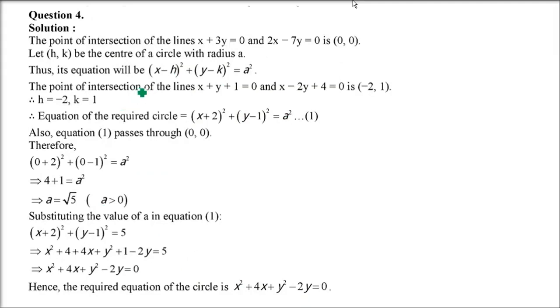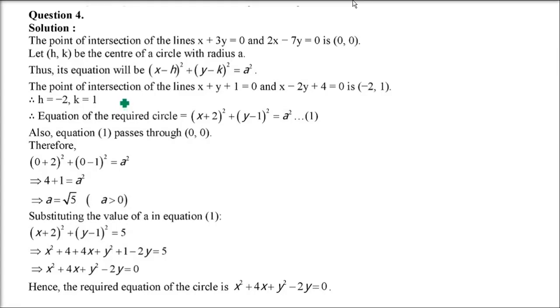This is question number 4. Find the equation of the circle passing through the point of intersection of the lines x plus 3y equals 0 and 2x minus 7y equals 0, and whose center is the point of intersection of the lines x plus y plus 1 equals 0 and x minus 2y plus 4 equals 0.